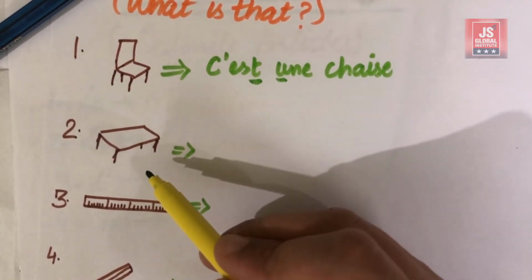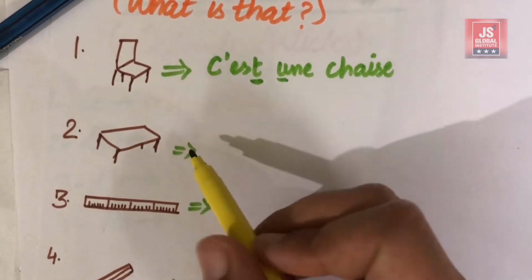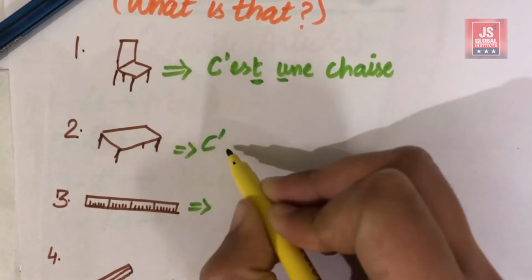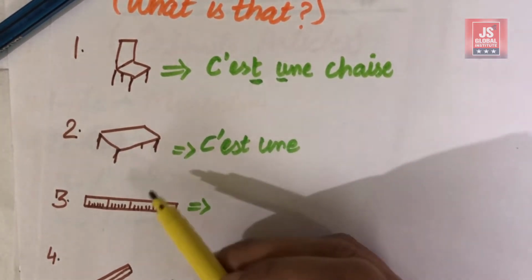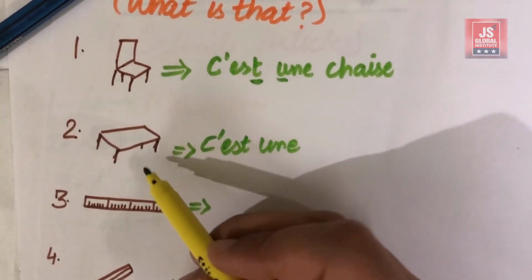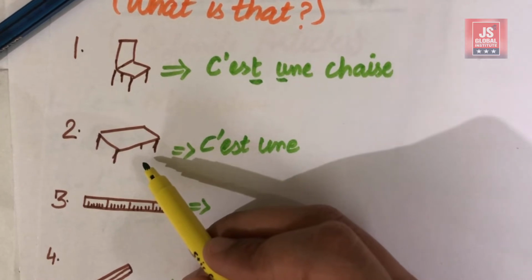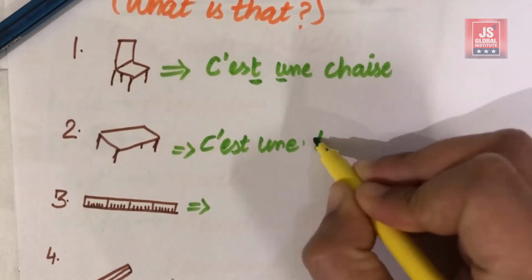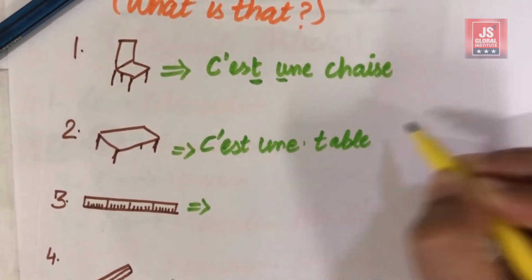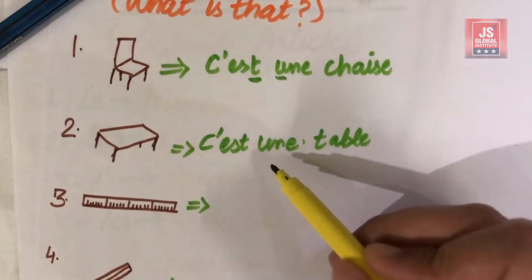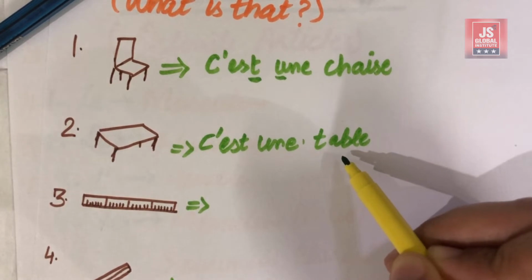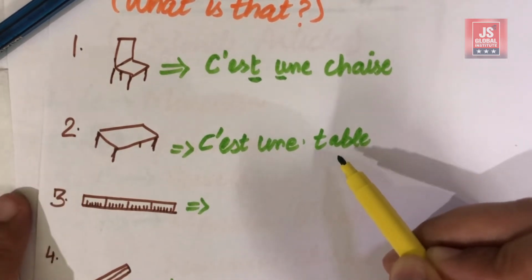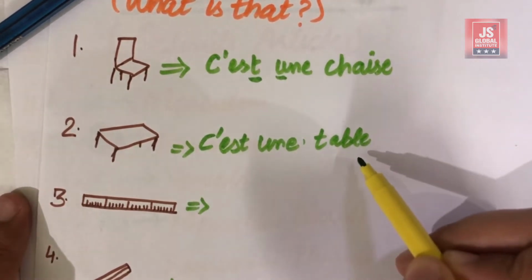You will reply accordingly and say, madame, c'est une... this is what? Table. And what is table called in French? Table. C'est une table. Right? So again this indefinite article came along with the noun. So you will say c'est une table.